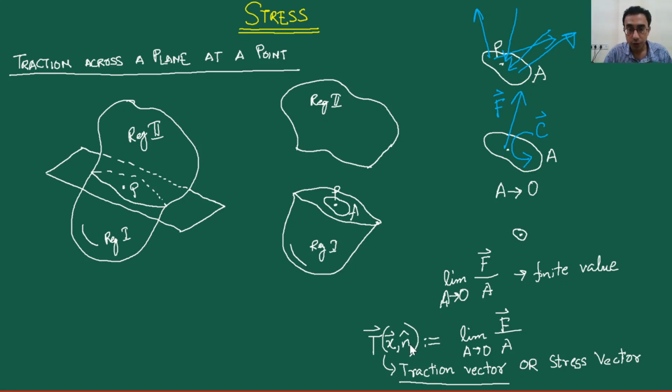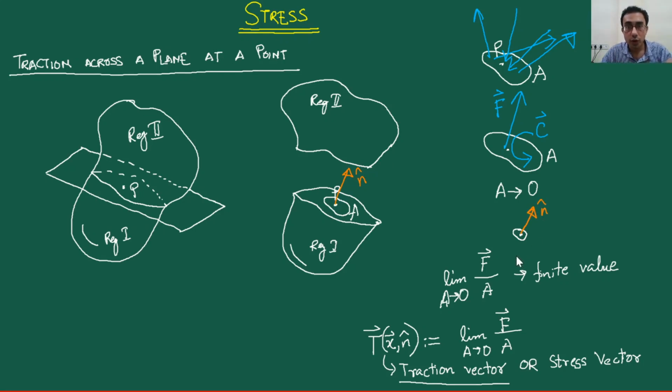So the unit outward normal, you can think of it like this: the unit outward normal here is something like this. This is the unit outward normal. Okay, so this here is my unit outward normal.